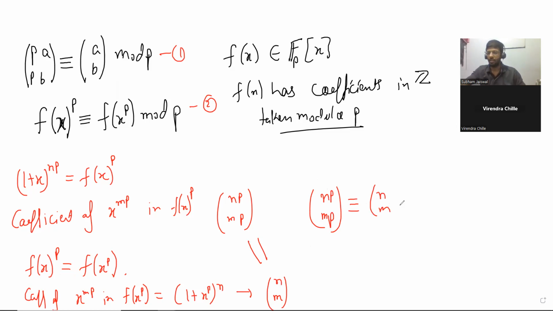Do you agree? So this is the nice application. We did not need the definition of A choose B and so on. We used a more implicit definition.